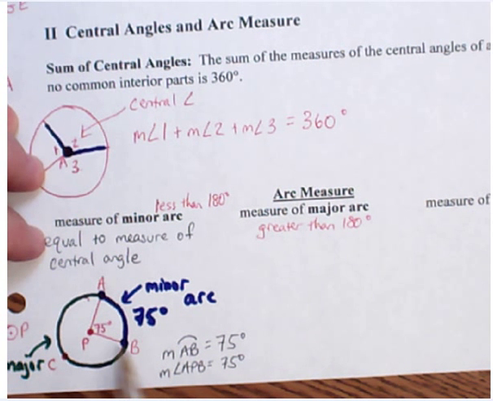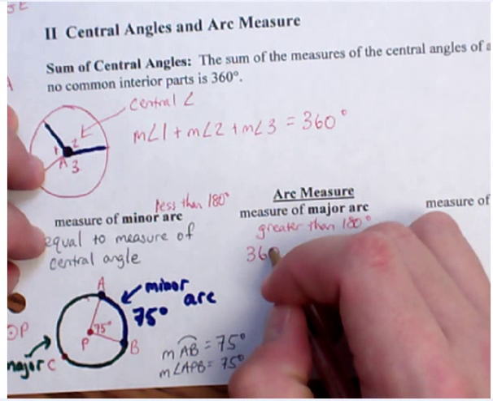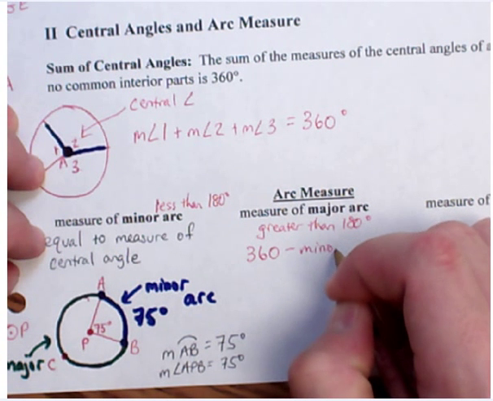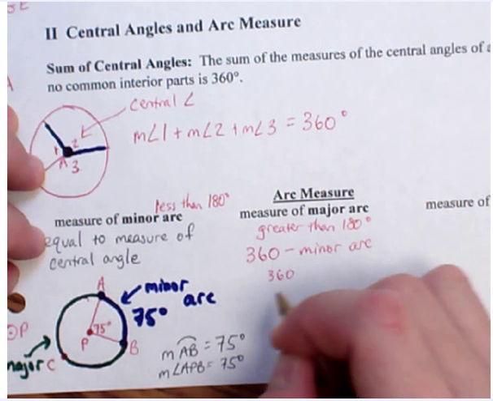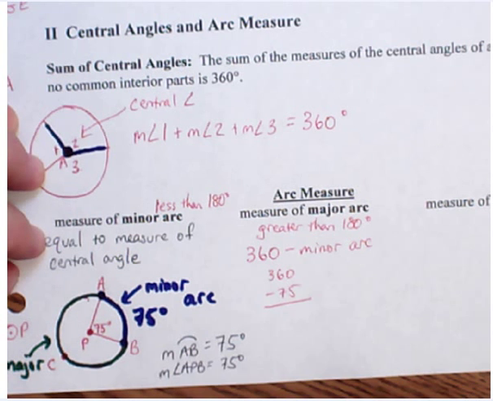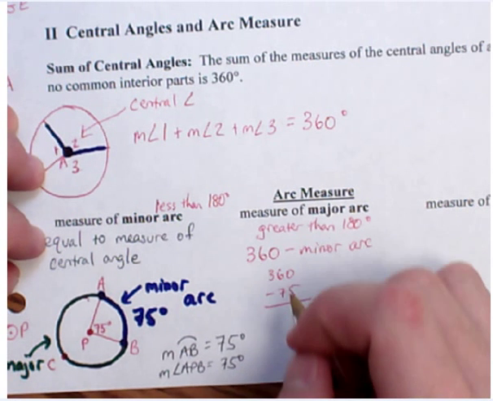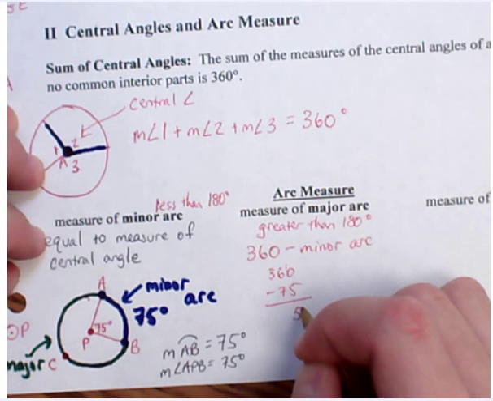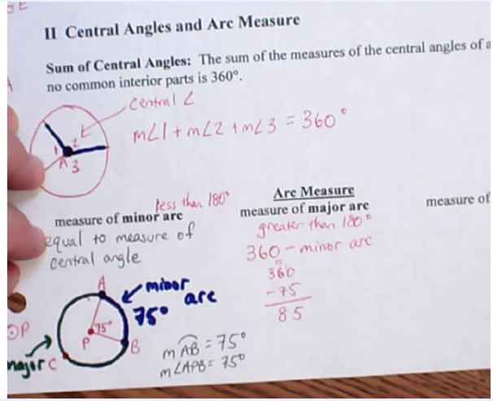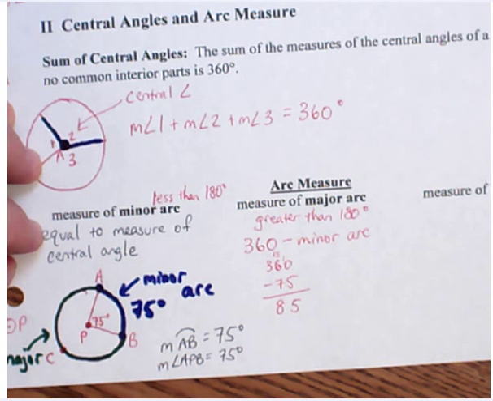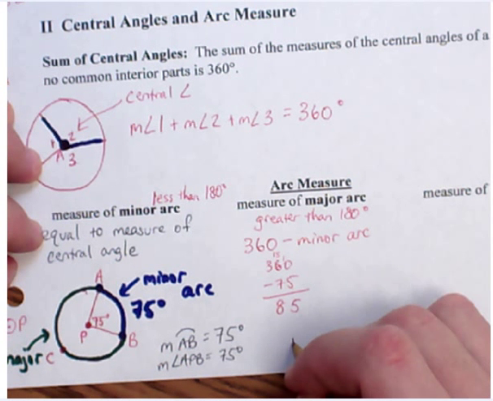So if you know the minor arc is 75, then the major arc is whatever's left over. To calculate this, you do 360 minus the minor arc, in this case 360 minus 75. And that's going to give us 285 degrees.